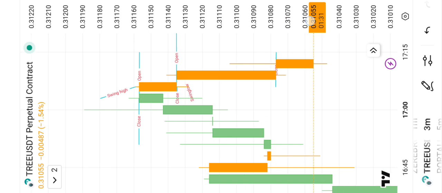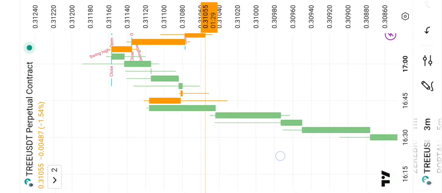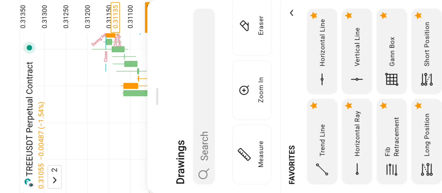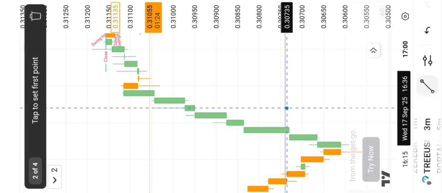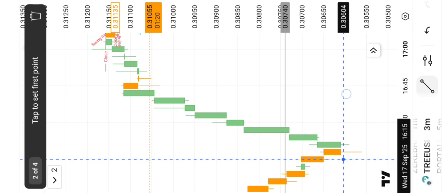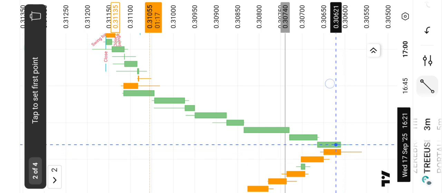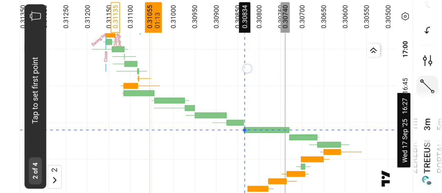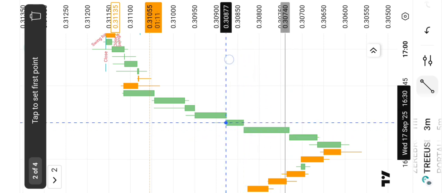Look at this candle now. Let me tell you the open and close of these candles from the bottom, from here now. This candle opens here, closes here. Then this green candle opens here, closes here, opens here, closes here.